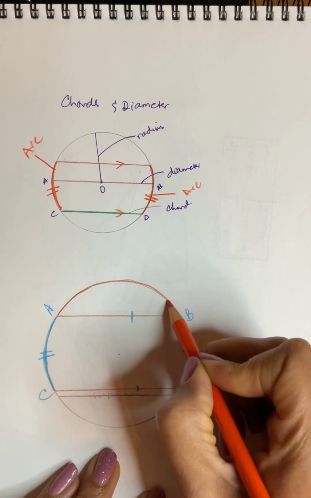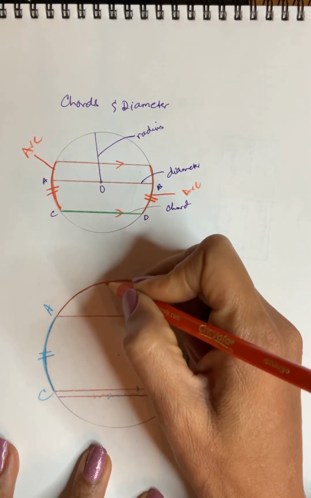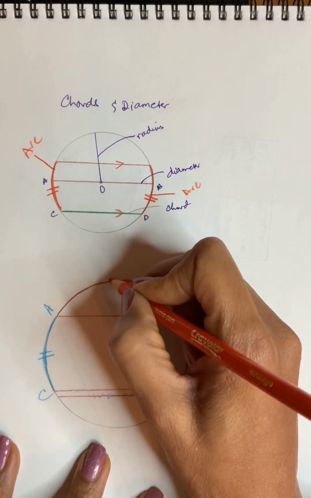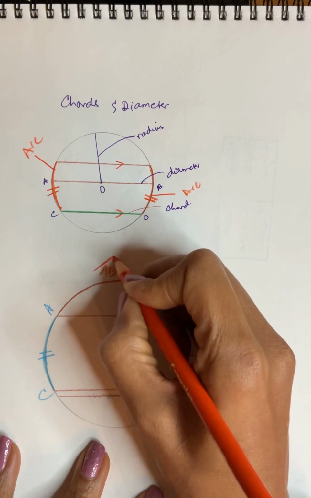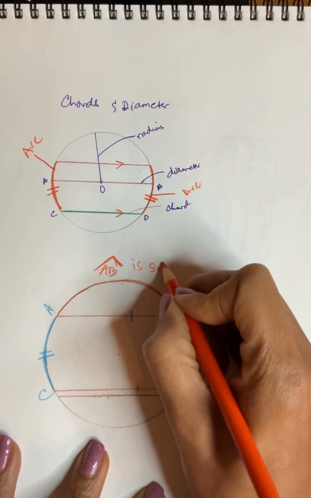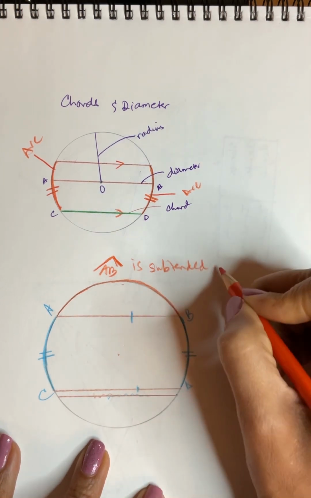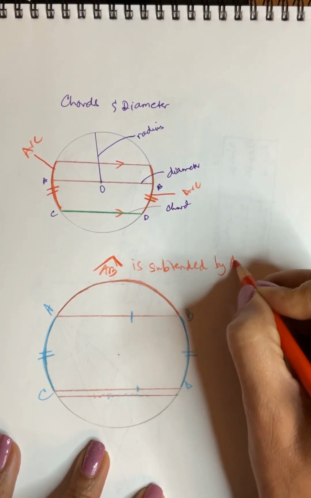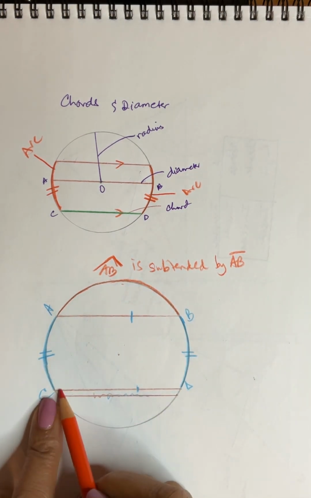This is our arc, right? So we have arc AB is subtended by segment AB. Same thing, right?